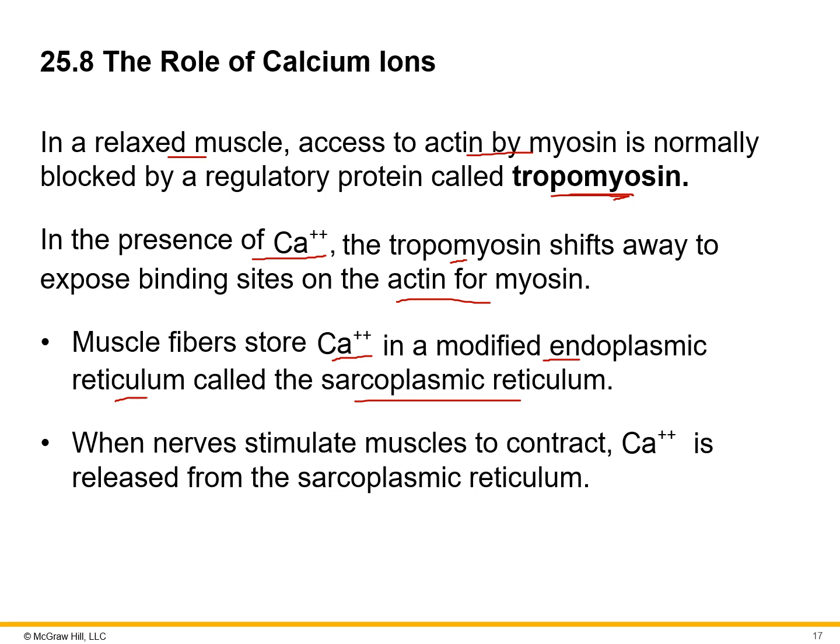Well, there's a certain subsection of the smooth ER called the sarcoplasmic reticulum, and it stores calcium so that if a muscle was communicated with by a neuron to say it needs to contract, the calcium's already there, it releases it, and then it reabsorbs it and stores it back in the sarcoplasmic reticulum. But again, it's the nerves that stimulate that muscle. It causes the release of calcium from the sarcoplasmic reticulum. That triggers tropomyosin to be removed and allows actin and myosin to attach.